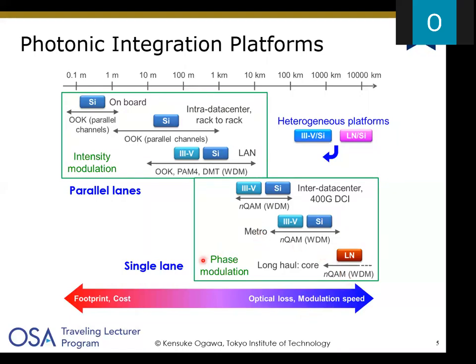But in this region, III-V and silicon photonics platforms are also used for optical signal transmission. So in this presentation, I will put more emphasis on these silicon-based platforms and some other materials like lithium niobate for heterogeneous integration technology, as an emerging technology in high capacity optical transmission in optical fibers.